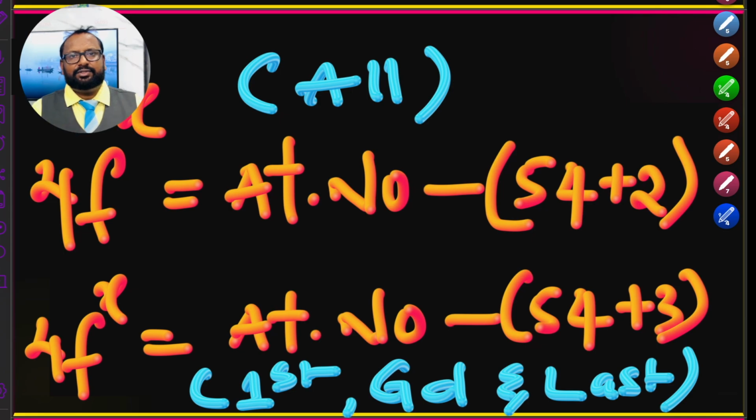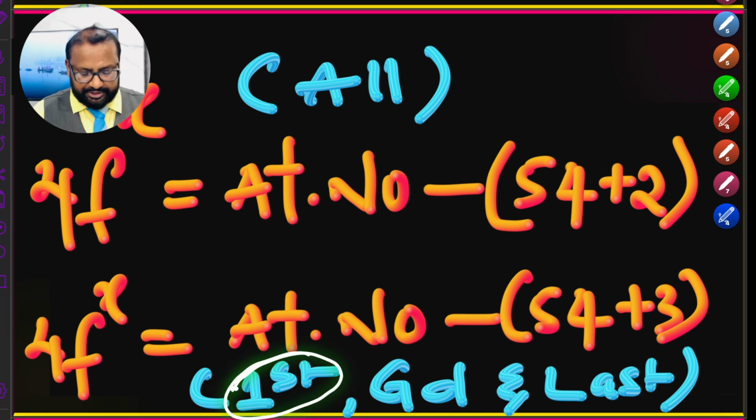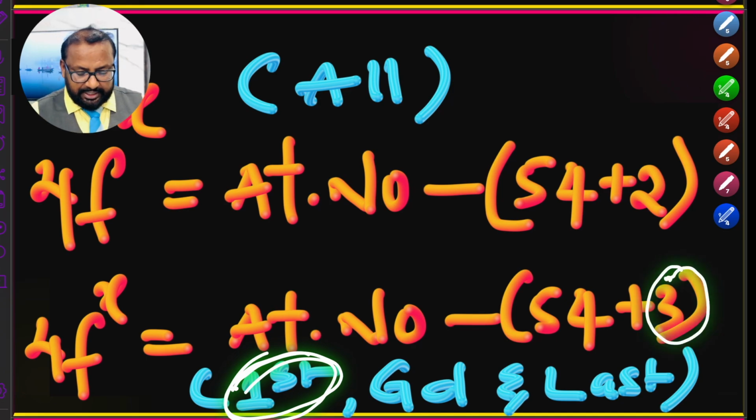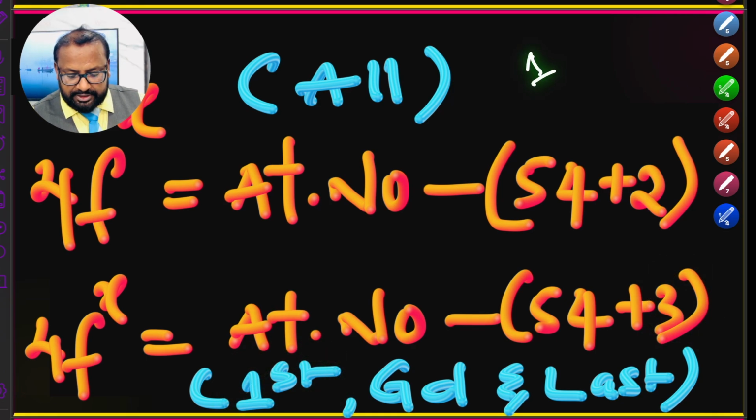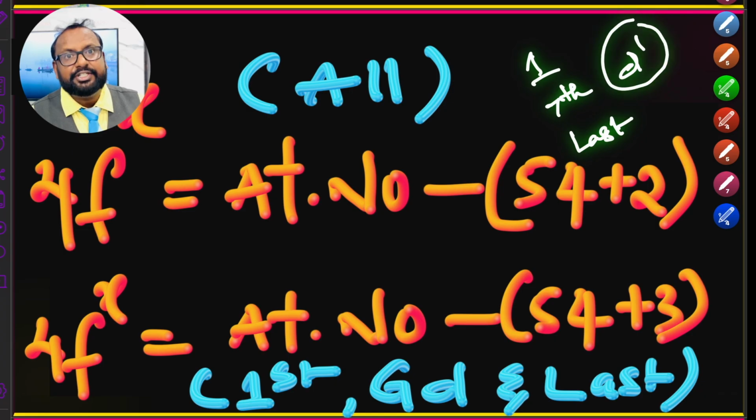But there are 3 exceptions. For these you need to subtract 3. Why? Because in lanthanides, the first element, the 7th element, and the last element have d1 configurations.